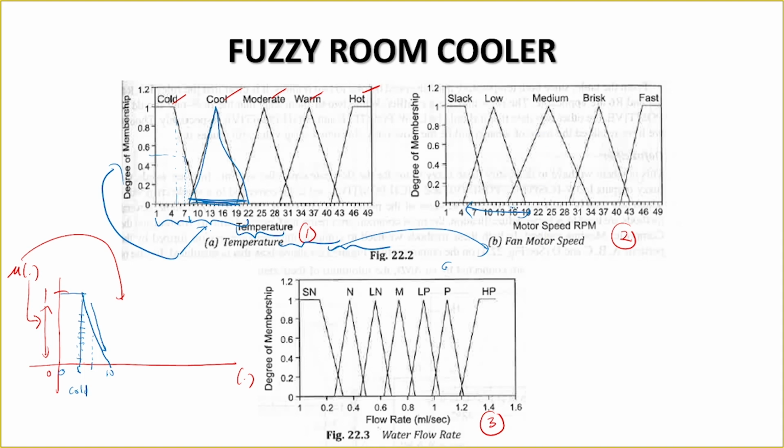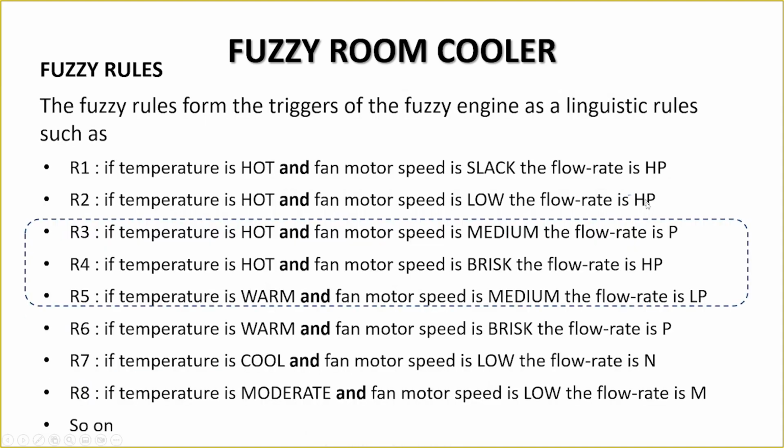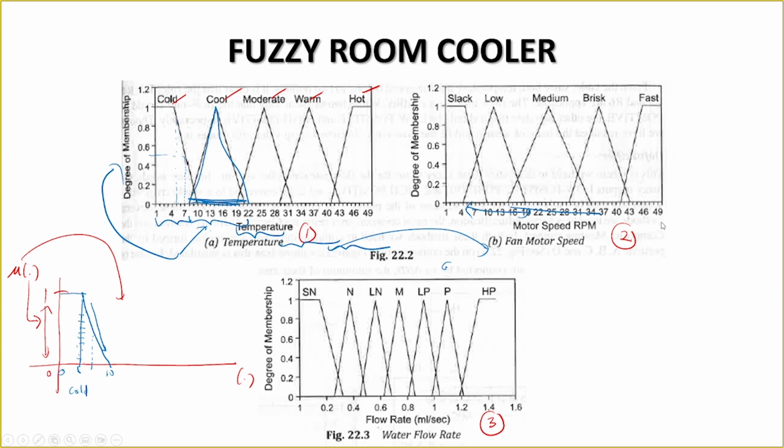So medium is this, and fast is this. That would be the differences between degree of membership based on the membership function for that particular x. What is x over here? It is temperature. What is x over here? It is motor speed. What is x over here? It is flow rate, guys.